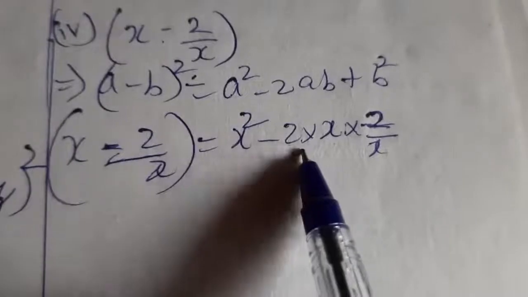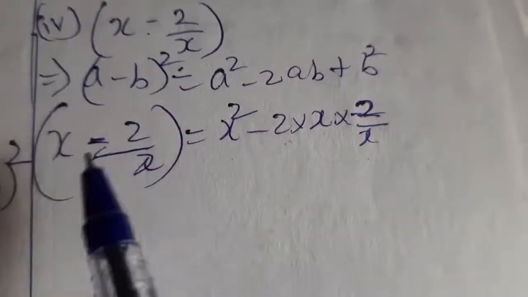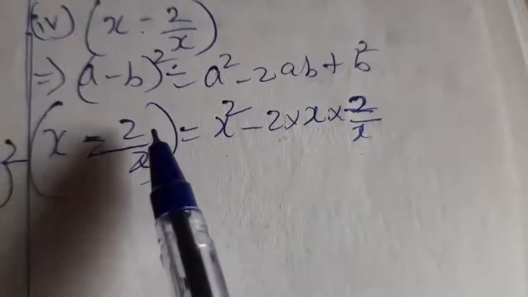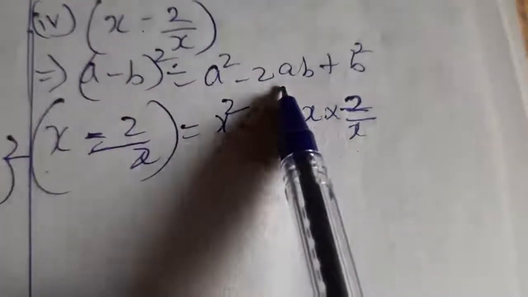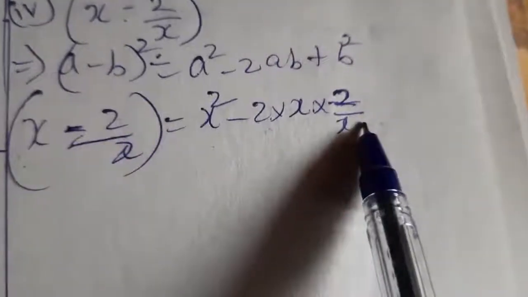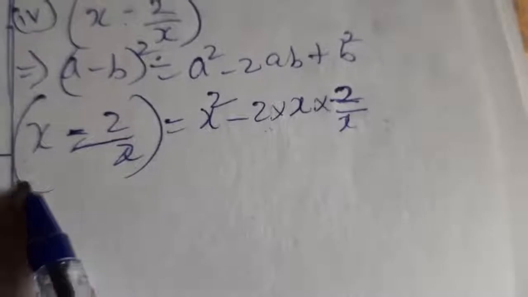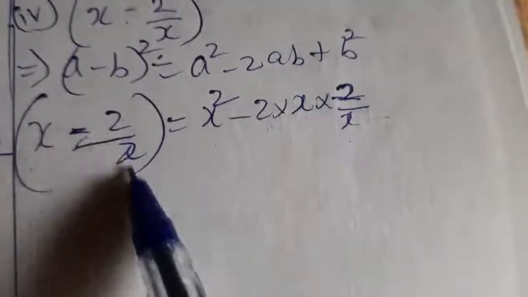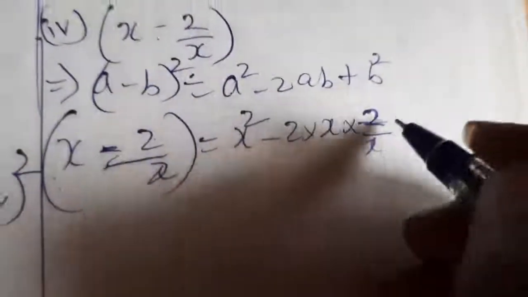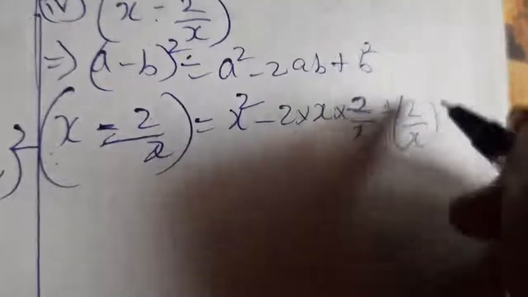So x square minus 2 into x into 2 upon x children. See, x square minus sign 2 into a into b. So 2 into x into 2 upon x, plus (2 upon x) the whole square.